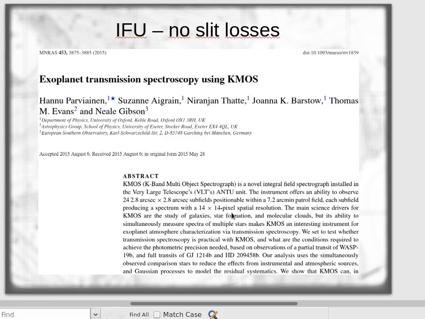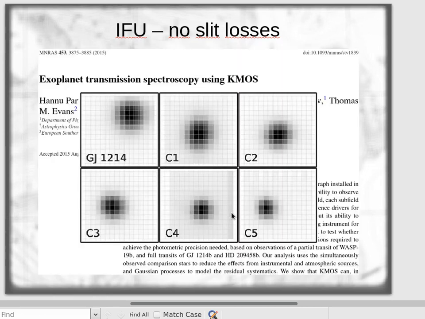So far, there is only one paper, and that has been done with KMOS, doing transmission spectroscopy with the ESO IFU. And unfortunately, that paper has failed.